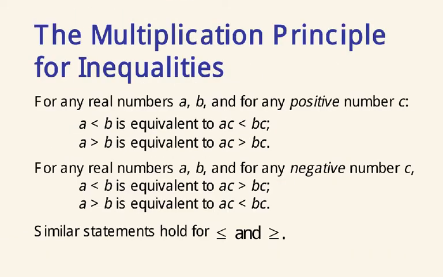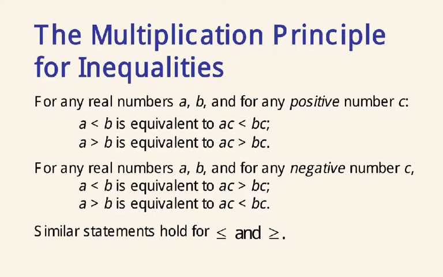Problem comes in when you multiply and divide. If you multiply by a positive number, your inequality stays the same. So if you multiply by positive 2, your inequality would stay the same. Remember, you have to do it to both sides. Anything you do to one side, you have to do to the other.